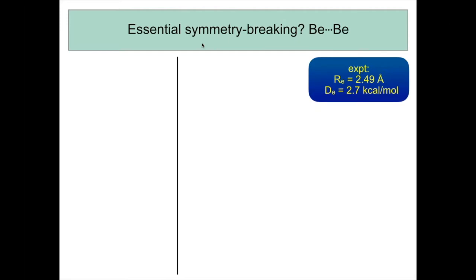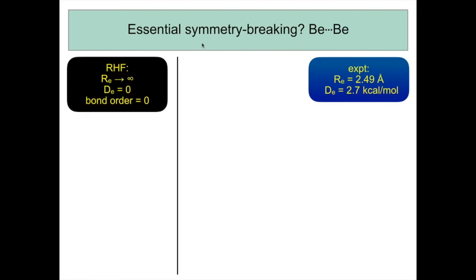This is the beryllium dimer, and beryllium has 2 electrons in the 2s orbital, and it makes a weakly bound dimer with a long bond length of about 2.5 angstroms and a weak binding energy of about 2.7 kilocalories per mole.